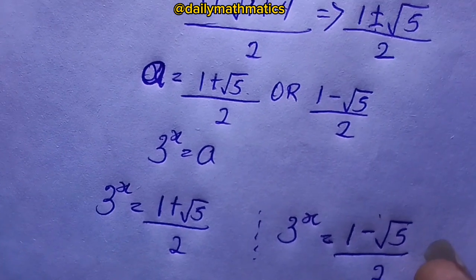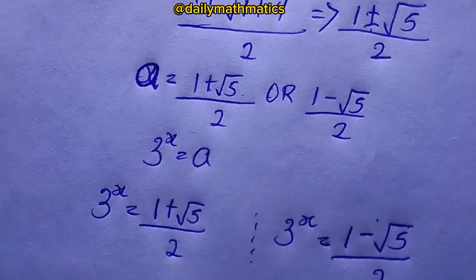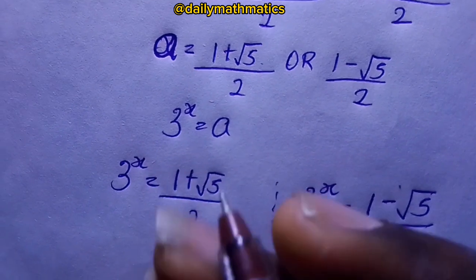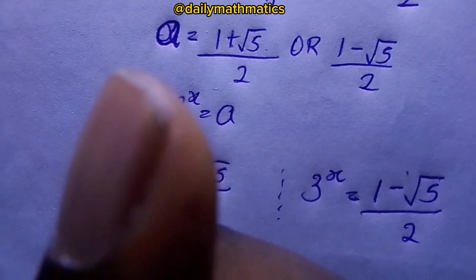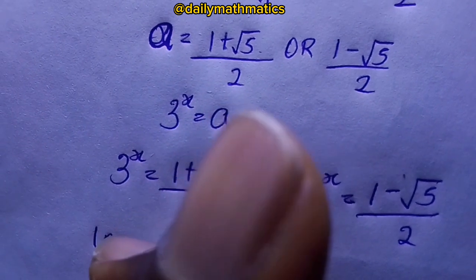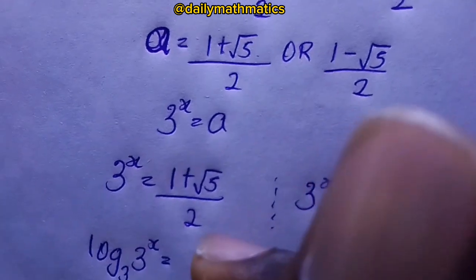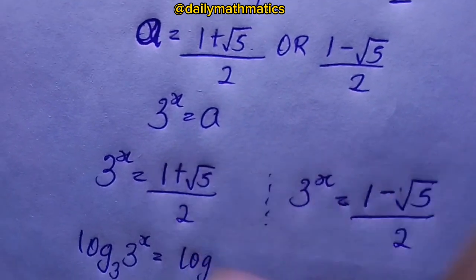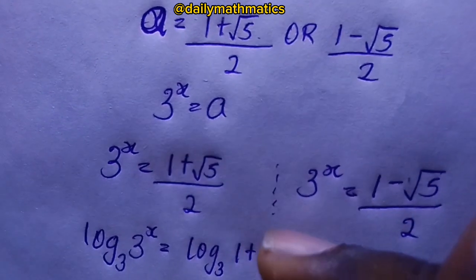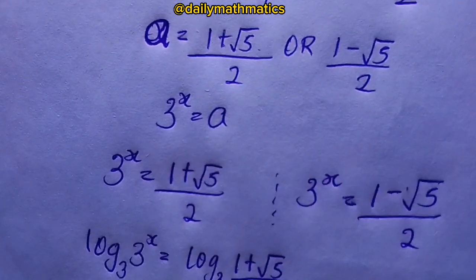So from here we can take the log of both sides. So we can say log base 3 of 3 raised to the power x equals log base 3 of 1 plus root 5 over 2.